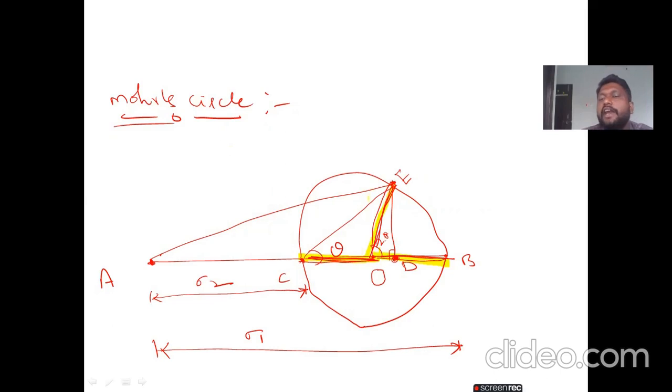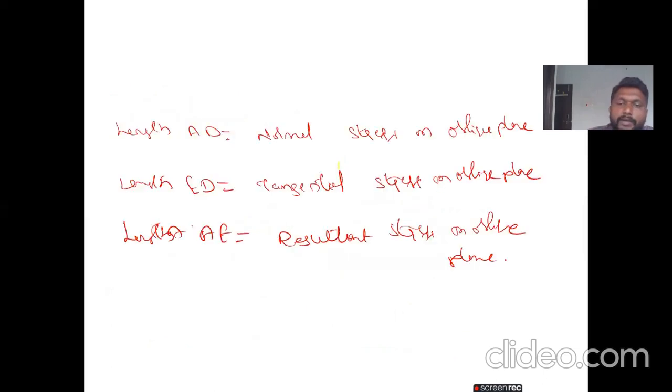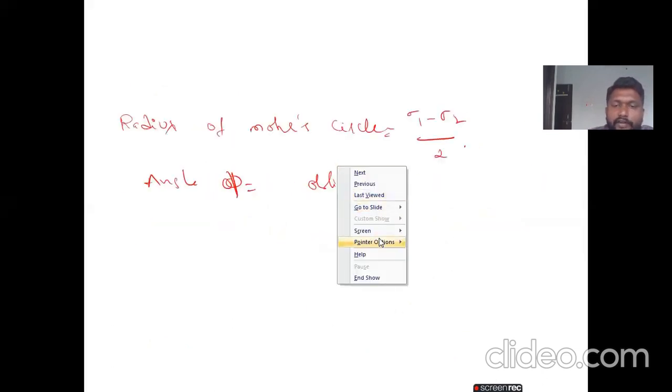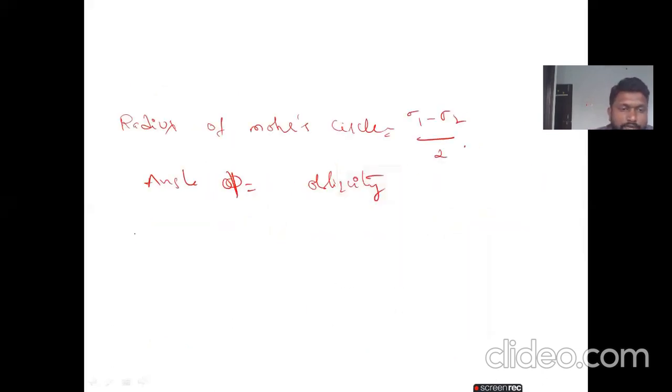These three are radii of the circle. So I am writing it again for your better understanding: CO, OB and OE. We call it the radius of the Mohr circle.